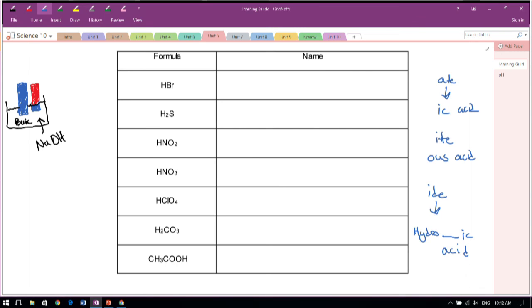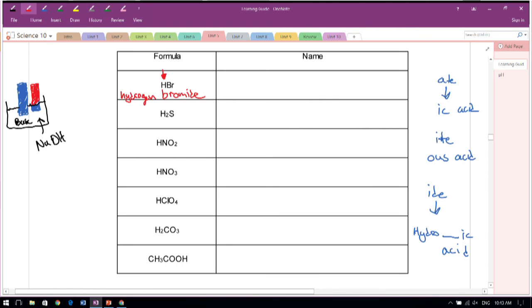All right, so HBr would normally be called hydrogen bromide, if I name that according to the rules that I normally would use. Now, because I see it starts with an H, I can identify this as an acid. And acids have special rules.